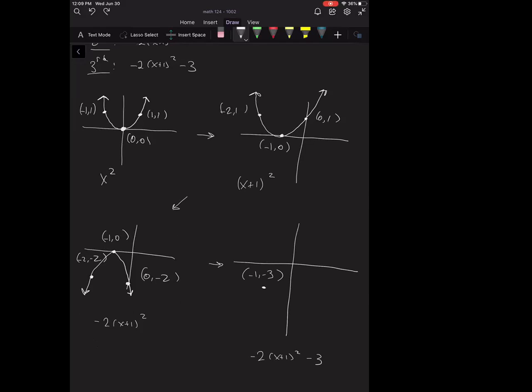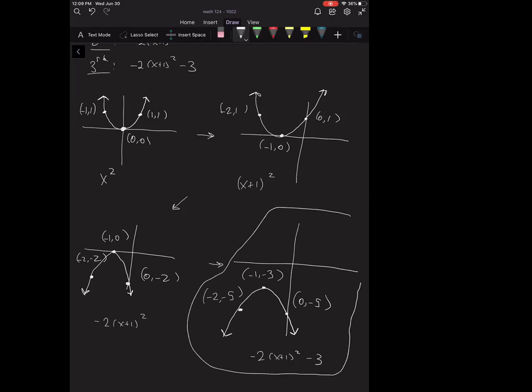If we subtract 3 from it, now it's going to be -5. And the last point over here has a y value of -2. If we subtract 3 from it, it's going to also be -5. So -2, -5. Okay, and so this graph right here, this is the graph that we were looking for.